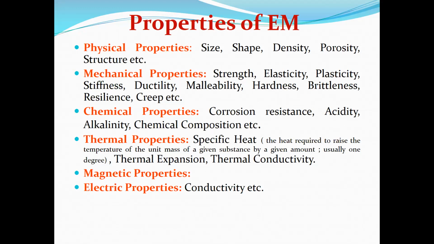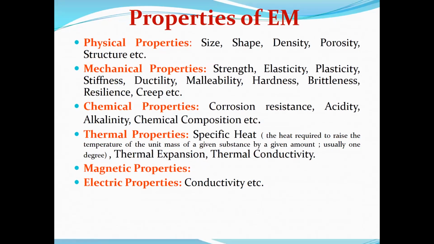Thermal expansion: there are some materials which expand due to the application of heat. There are some materials which carry heat, that is called thermal conductivity. And there are magnetic properties and electric properties. Those will also be coming in related chapters.